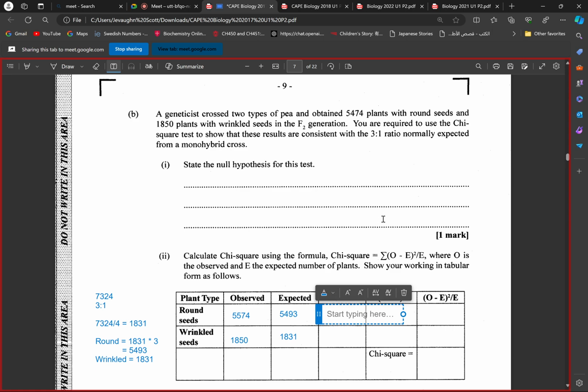Looking at the observed minus the expected, here we're supposed to be getting negative 19, and down here positive 19. Would that be it? And then we square it.